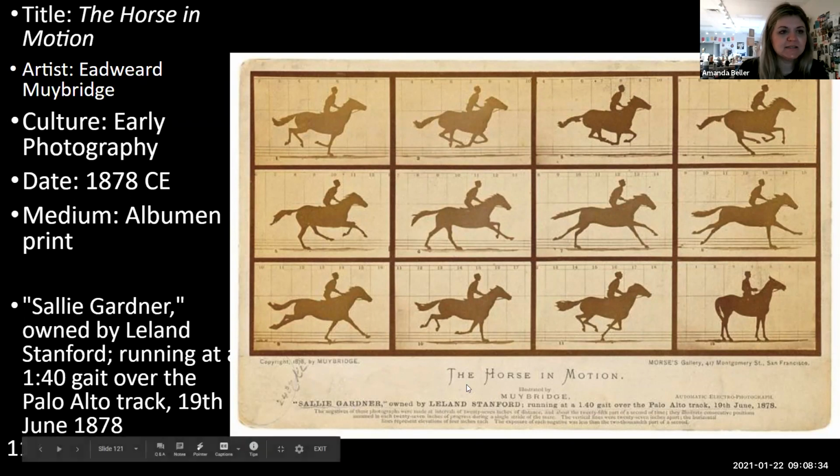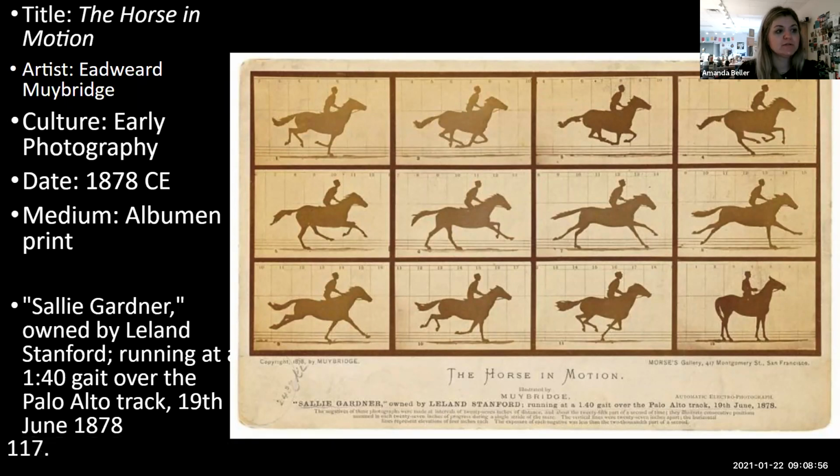And this plate, this series of cards, gives us so much information, which is really nice. So it says running at a 140 gait, that's the speed, at the Palo Alto track, the 19th of June, 1878. So we have exactly when this was photographed, how fast the horse was going, who the horse is. The horse is being ridden by a jockey.